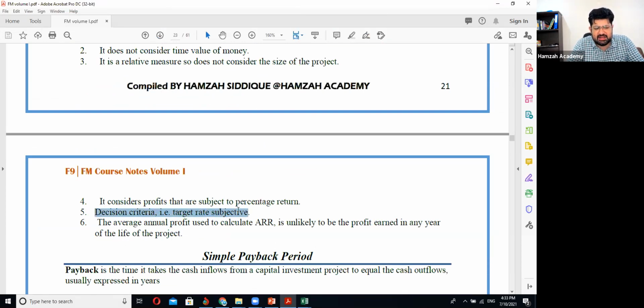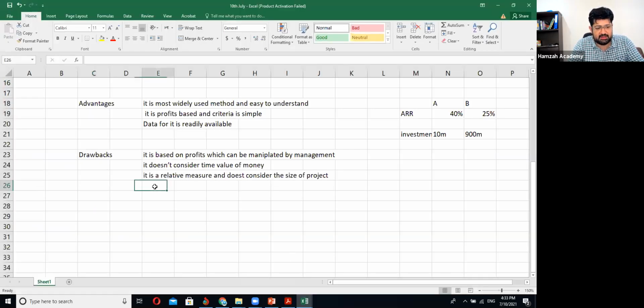Yes, decision criteria is subjective. Exactly. This is the point which was coming to my mind. Decision criteria, that is how much should be the required rate of return, is quite subjective.